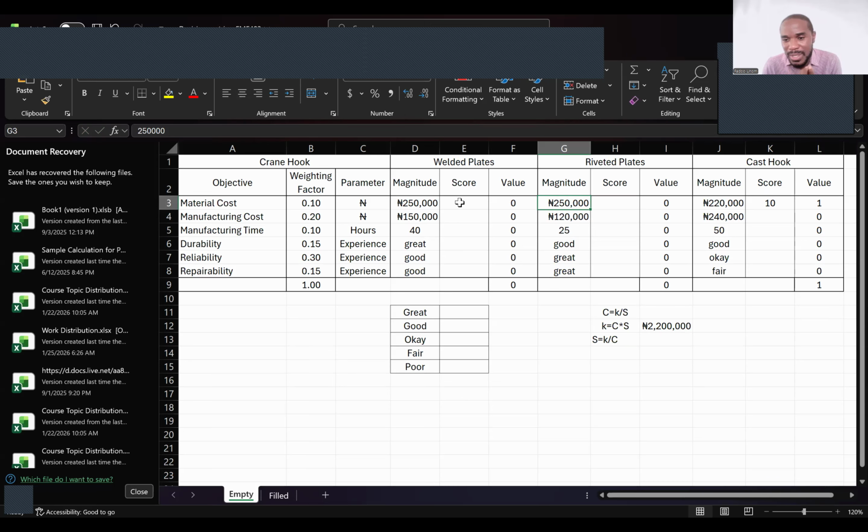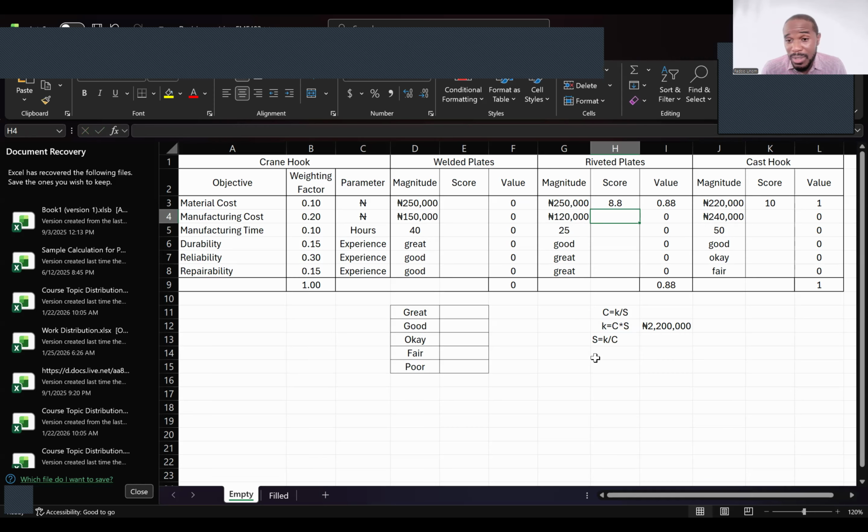So I'm going to do an equation in Excel here. The score equals the cost for the cast hook, which I already know, times the score that I've given it, divided by the cost that I have here. And that will give me my score.